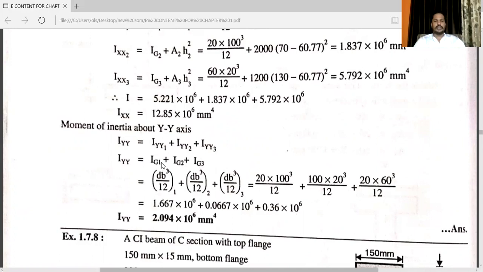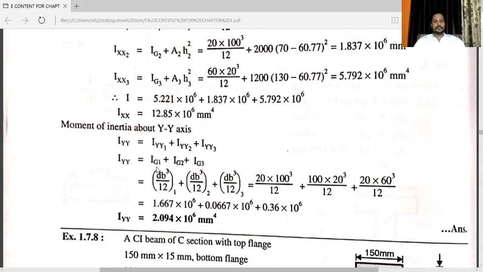In the previous case, it was IG1 plus A1 H1 squared. But here, the H1 distance is 0, the H2 distance is also 0, and the H3 distance is also 0. So there is no need to consider H1, H2 and H3. No need to use the parallel axis theorem in this problem. That is a very important thing.